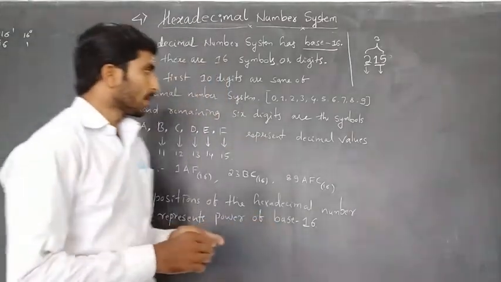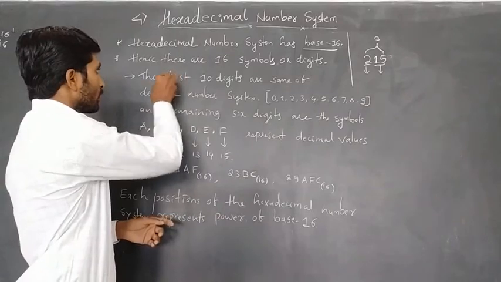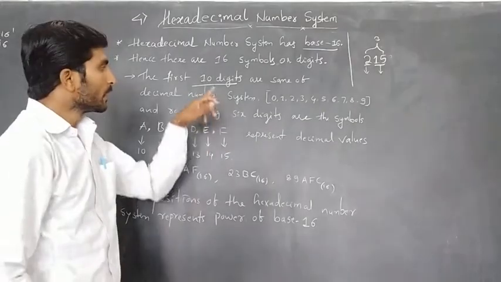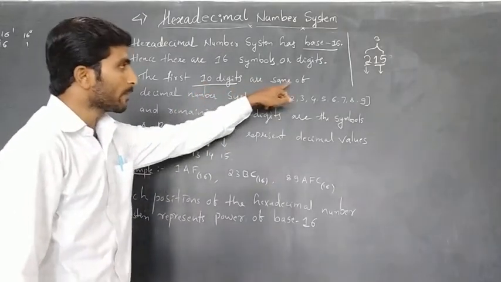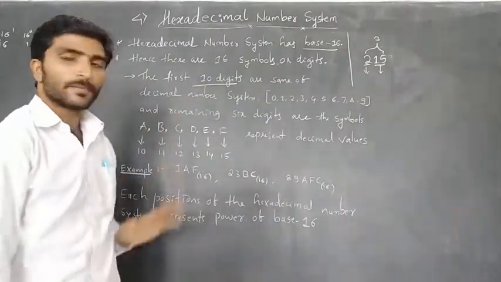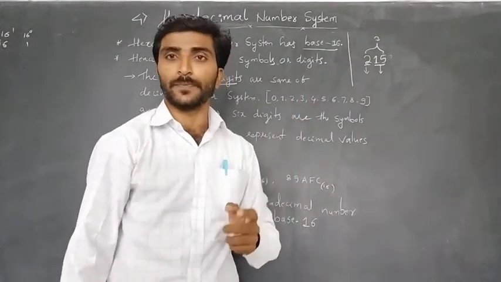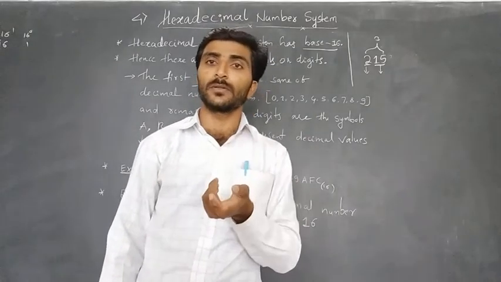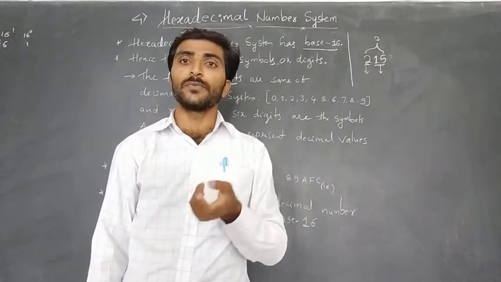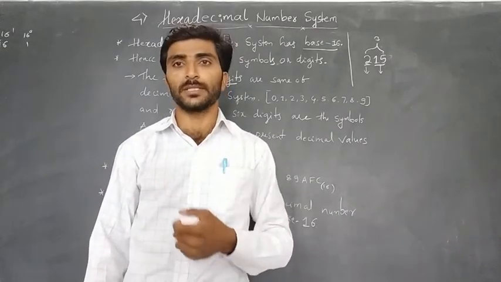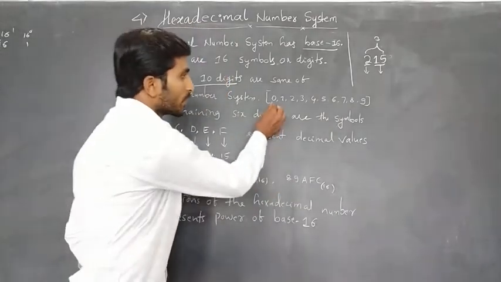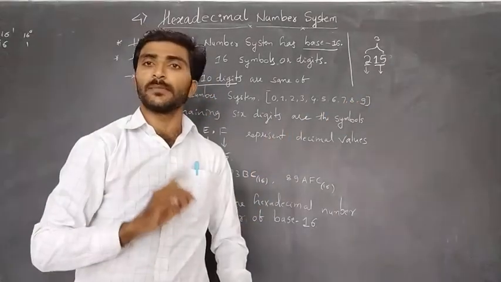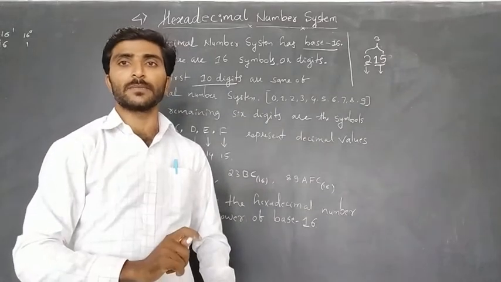Observe carefully: the first 10 digits are the same as the decimal number system, 0 to 9. These numbers are available in both the decimal and hexadecimal number systems.